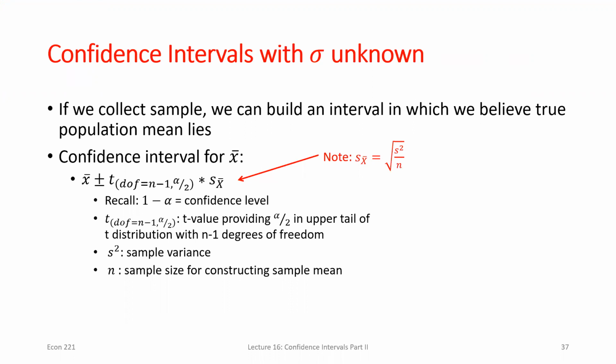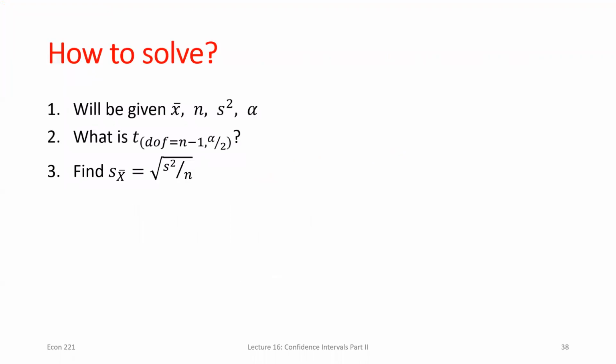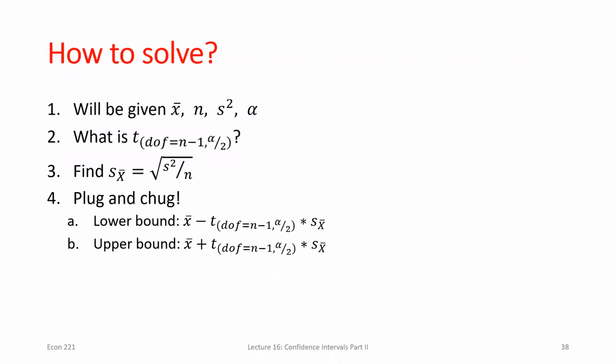That's going to come from our student t distribution as opposed to our standard normal. So the steps are really the same. We use the sample variance to approximate the population variance. We have to use the student t distribution, which requires us to find our degrees of freedom, or n-1. But really at that point, it's just a matter of plugging all of our values in.